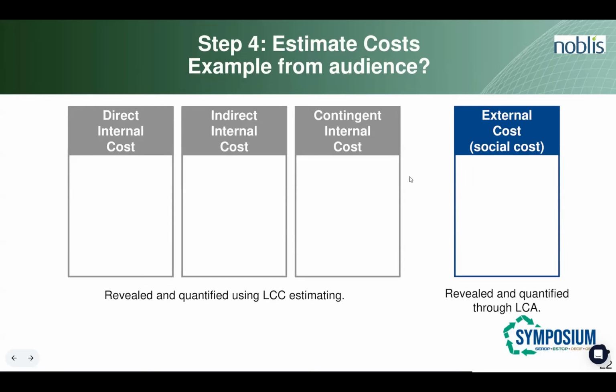It does depend on the facility, but we've often seen that would be paid for by someone else. In that case, that would be an indirect internal cost. Someone else in your organization has a budget to pay for that item.